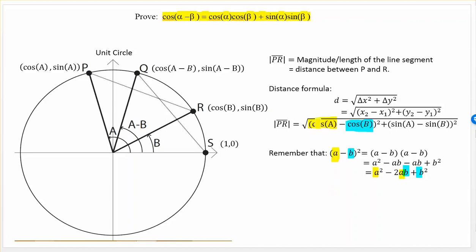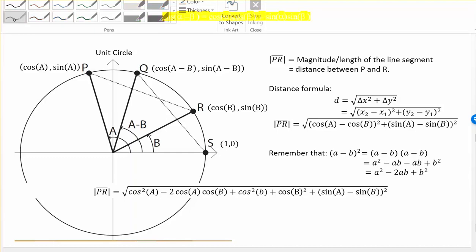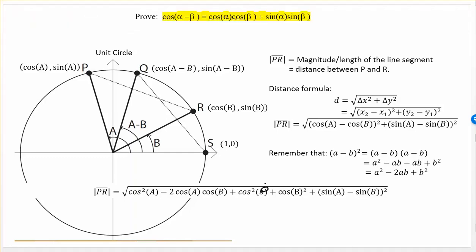We take this square root up here and plug in the cosine A and the cosine B into their appropriate spots. And that's a typo. Let's use my pen, and we'll call that a capital B. There we go.